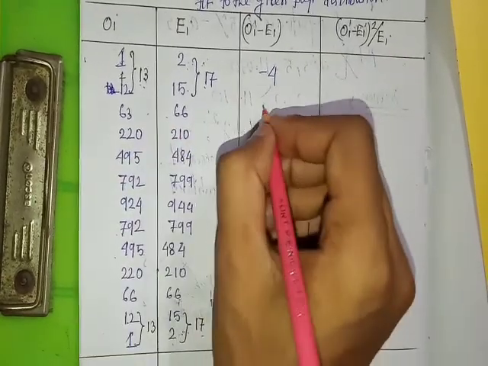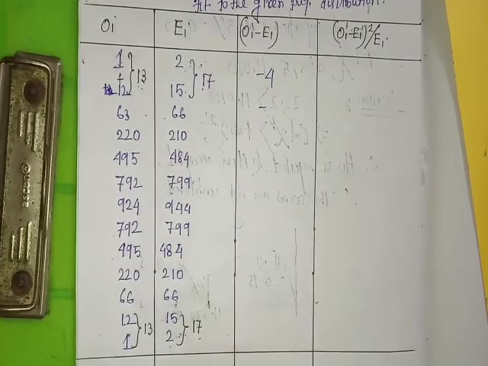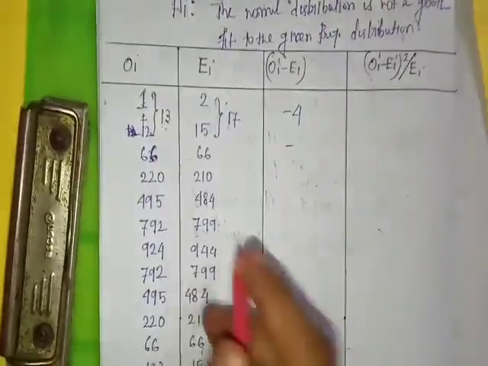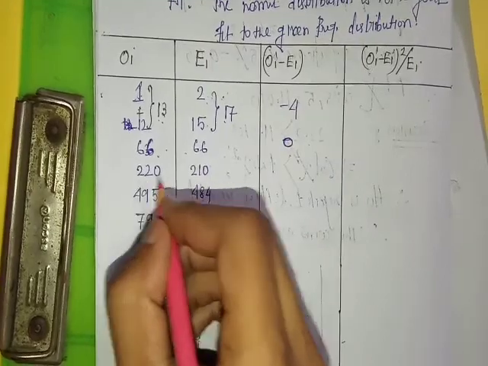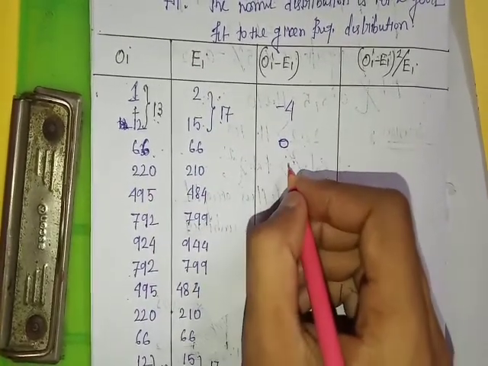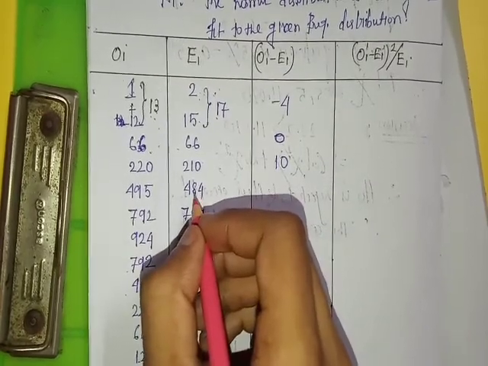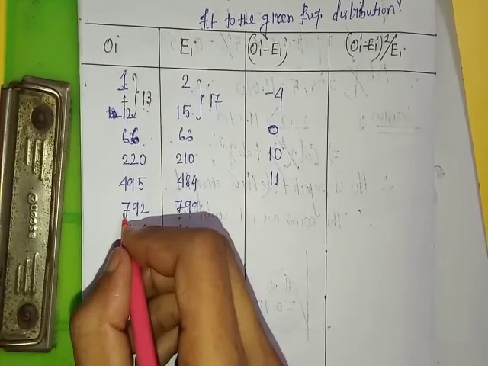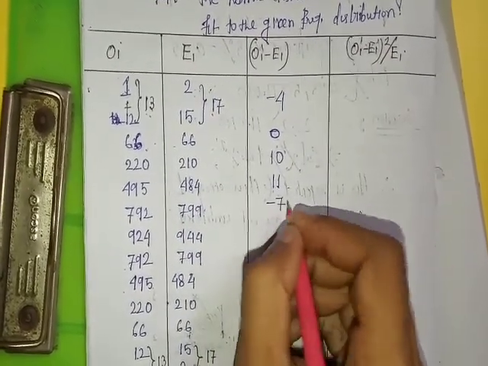63 minus 66, sorry, this is 66. So 66 minus 66, this is 0. 220 minus 210, this is 10. 495 minus 484, this is 11. 792 minus 799, this is minus 7.